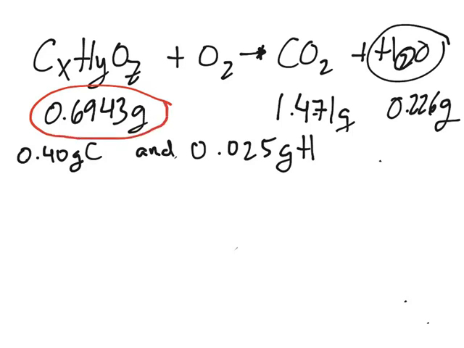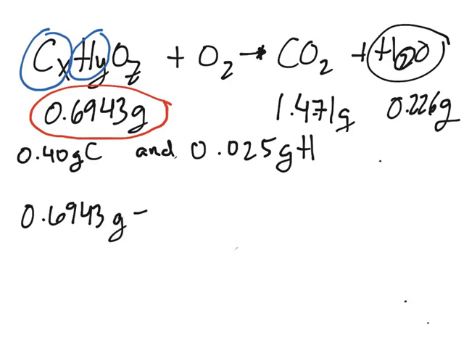And we also have the carbon and the hydrogen. So if we say the mass of the fuel minus the mass of the carbon minus the mass of the hydrogen, we will get the mass of the oxygen.